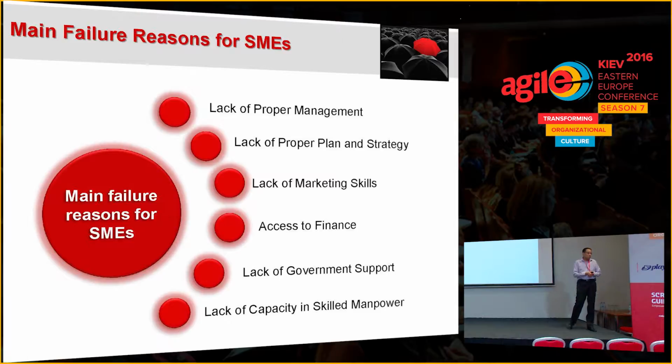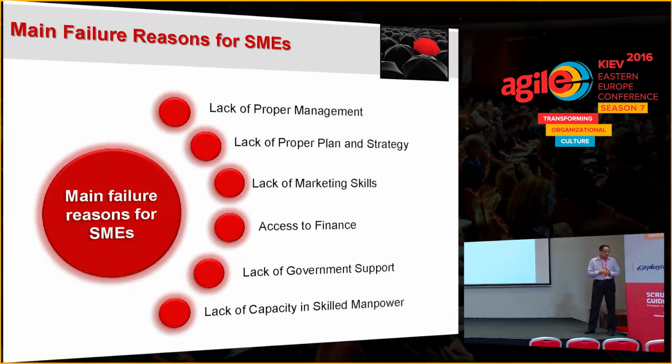This is one of the main reasons as well. They think they know how to market their products, but in fact, marketing skills are different from one product to another, especially in the industry sector. So you have to know how to introduce your product, when to introduce it, how to announce the new products, and how to satisfy the customer with them.